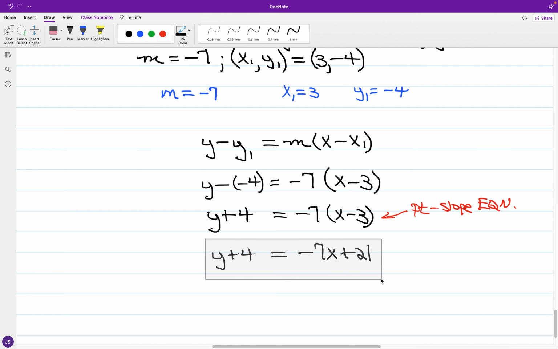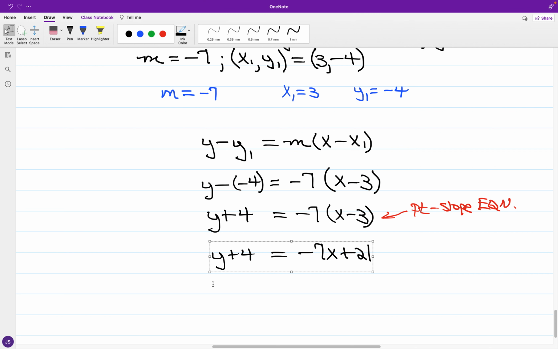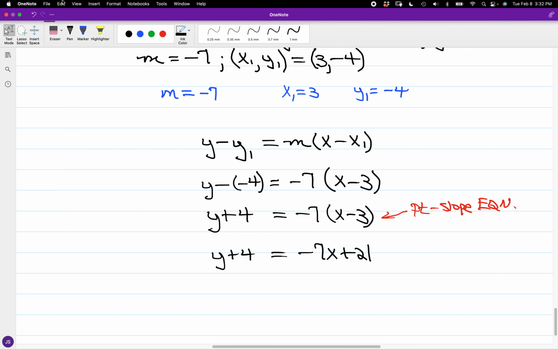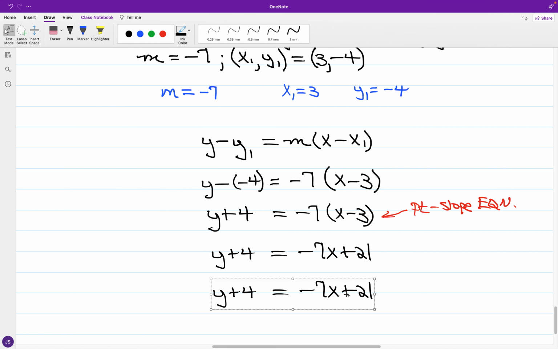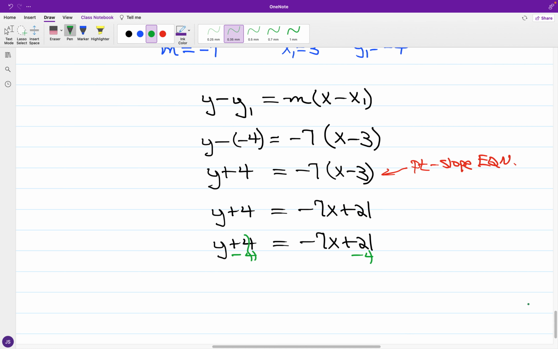And just getting y by itself, upon taking 4 away from both sides, we'll come out to y is equal to -7x, and 21 minus 4 comes out to positive 17.